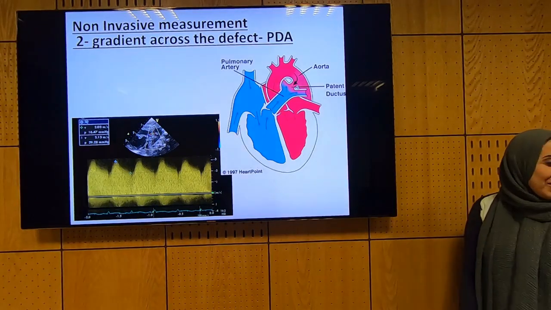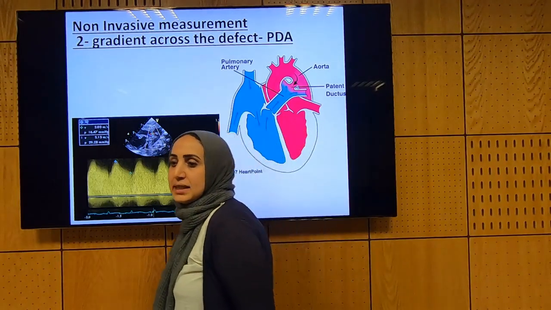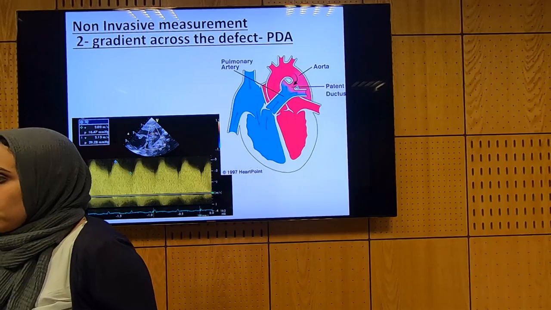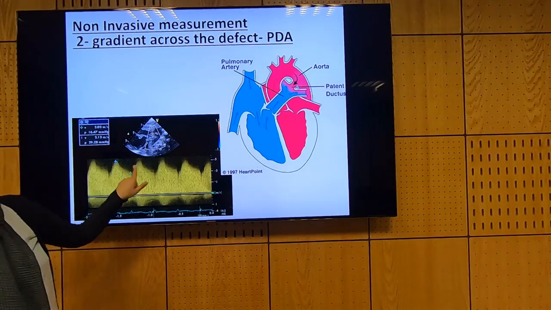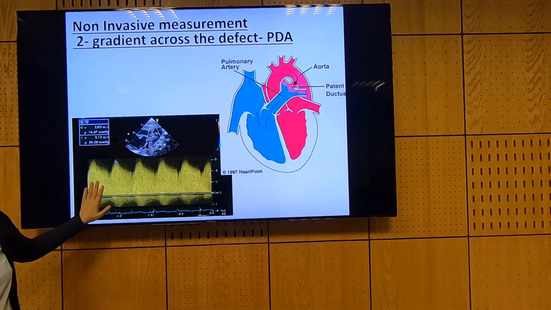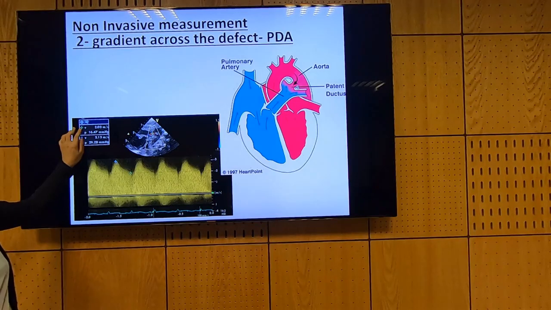Okay. So if we have a PDA, is the shunt in the PDA left to right during systole or diastole or both? Both. So actually here the flow in the PDA, this is a PDA, goes from left to right, above the zero line, and he measured a velocity during systole of 3 and during diastole of 2.